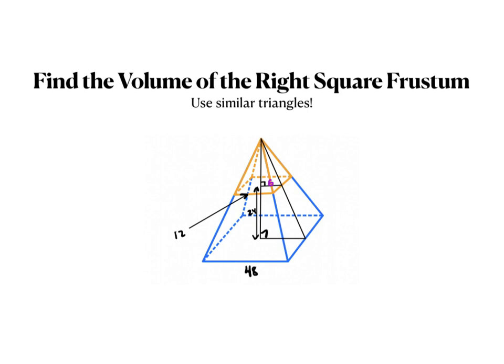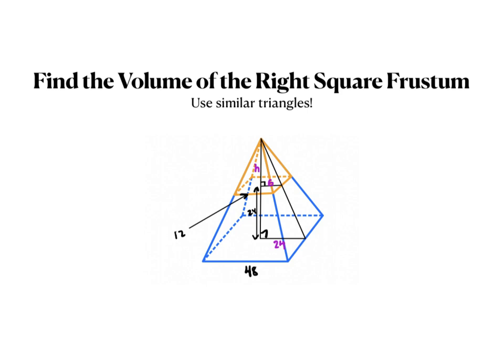So now I also know further that down here, that's half the side length. So this length is 24. And now I can use these similar triangles to find the missing height of the small pyramid. So I will call that H.